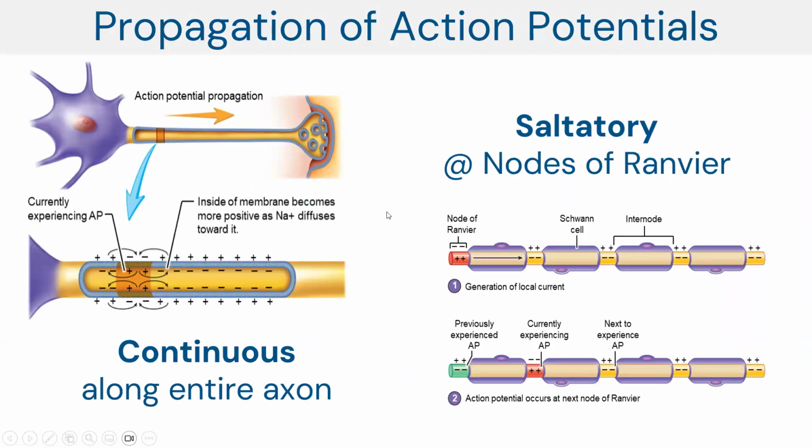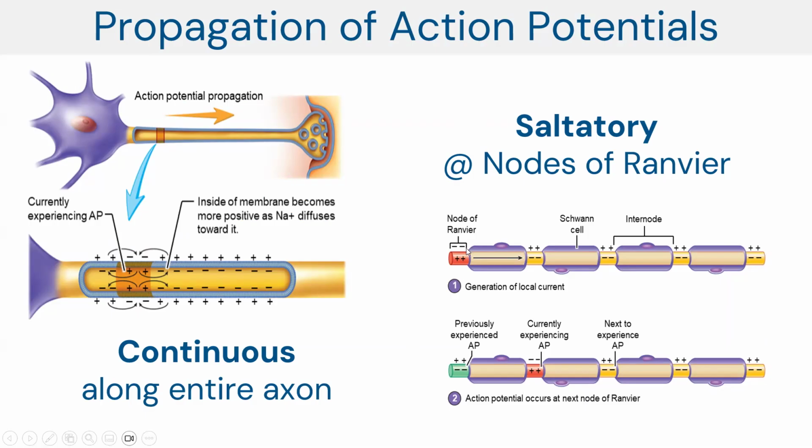We mentioned this back when we saw our myelinated versus unmyelinated axons within the first part of chapter 11. So think again, which one goes with myelinated versus unmyelinated? So if you said saltatory goes with myelinated, you would be correct because we remember we have these nodes of Ranvier.